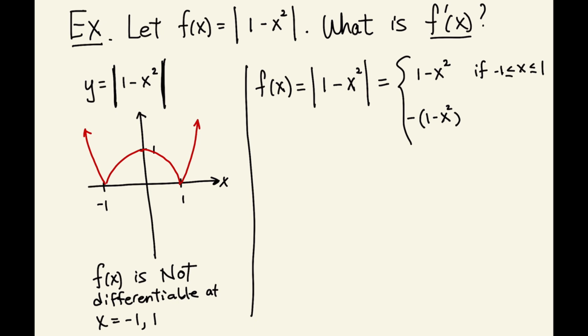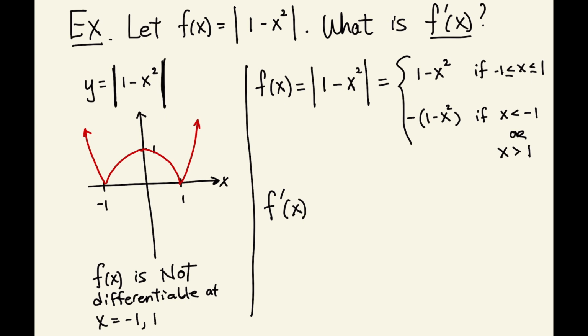Well, that happens for the x values where the inside function was below the x-axis and we had to flip it. Okay, so that would correspond to x being less than -1 or x being greater than 1.